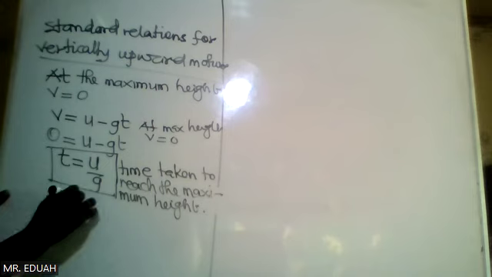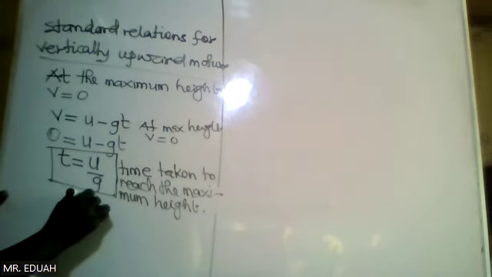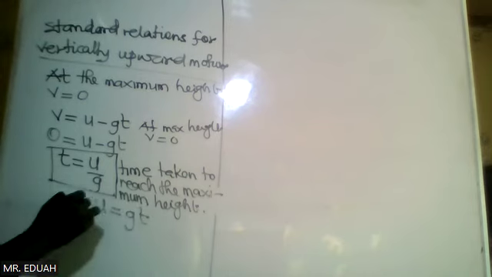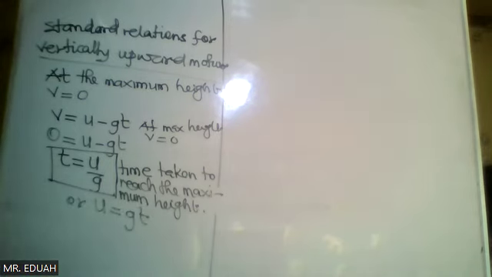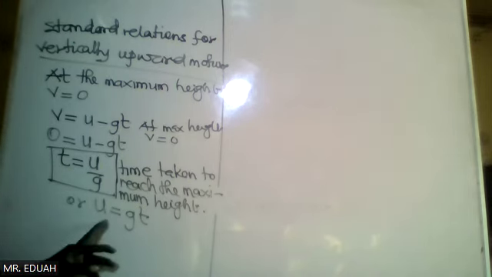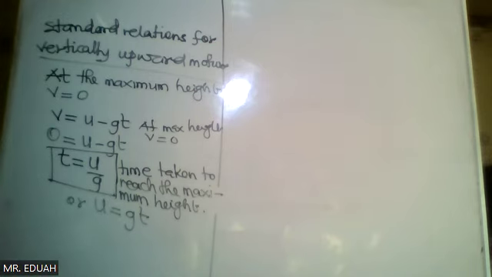Or you can also say that u is equal to g times t. If you are given the time taken to reach the maximum height, when you multiply that by g, acceleration due to gravity, you get the initial velocity given to a vertically upward body. So this is one of the standard formulas.